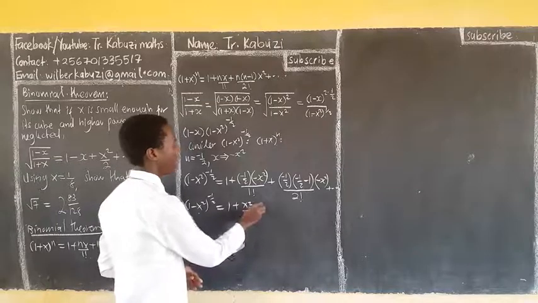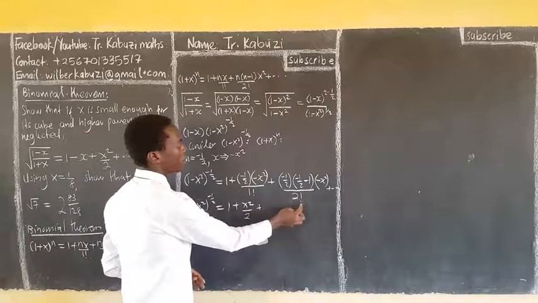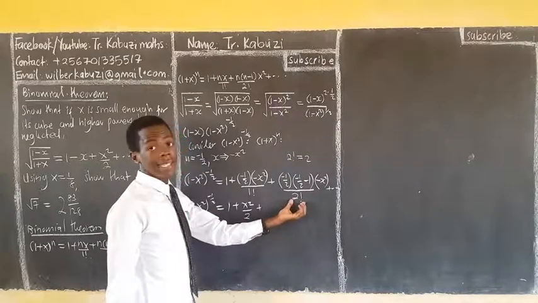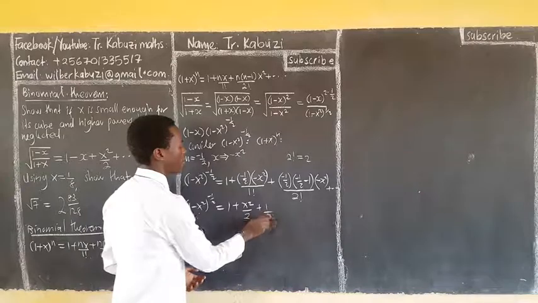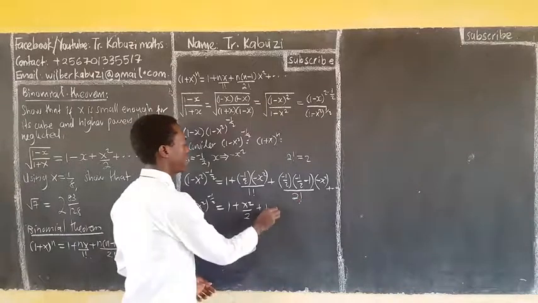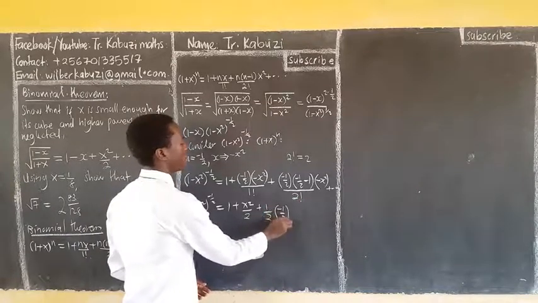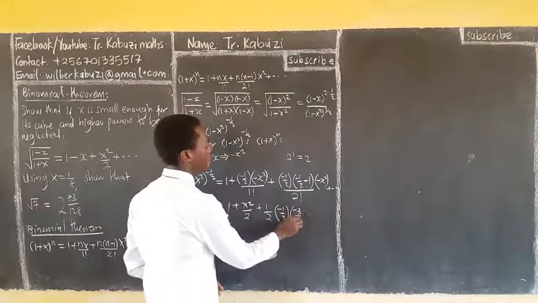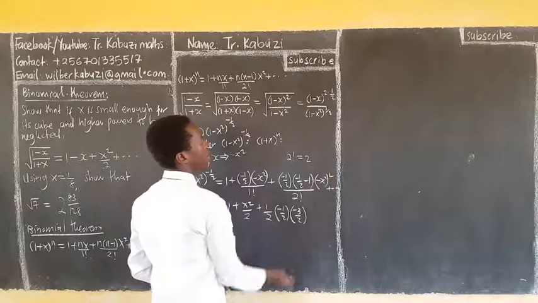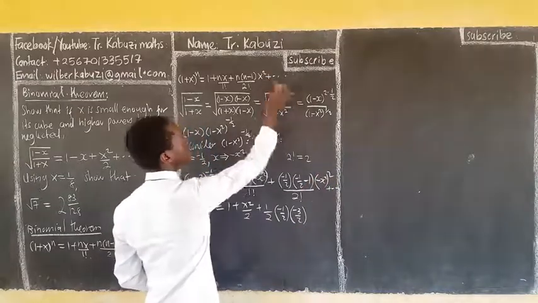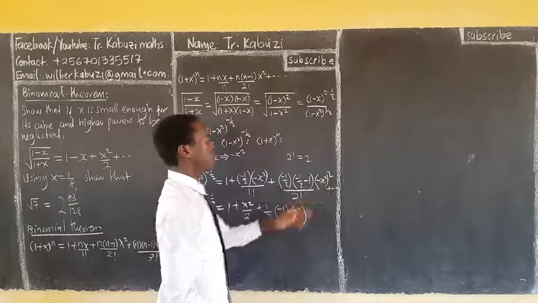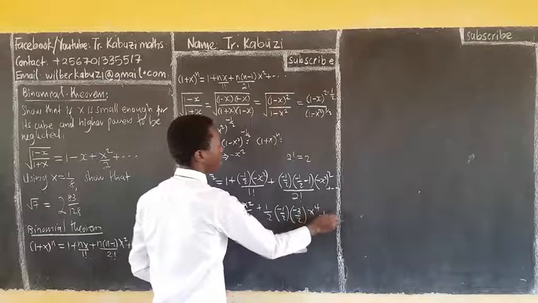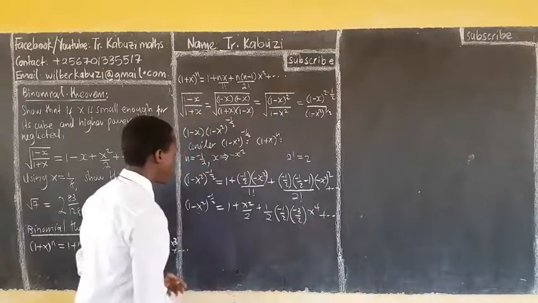Then plus, our 2 factorial is 2, so remove it as a fraction, 1 over 2, the whole of this into negative 3 over 2. Then the whole of this is squared because x was squared. So when I square this, first of all I'm going to get a positive, then x power 4, plus other terms coming. So let us simplify and see.